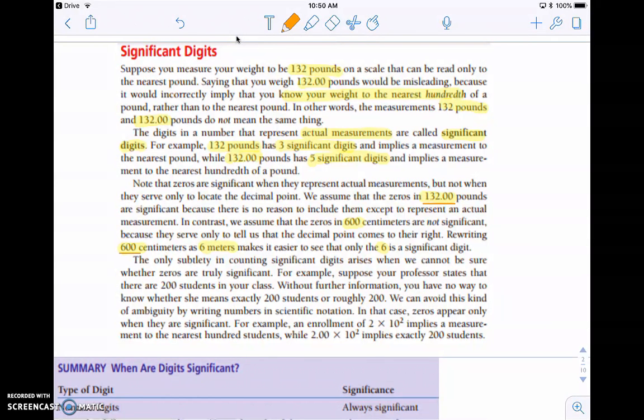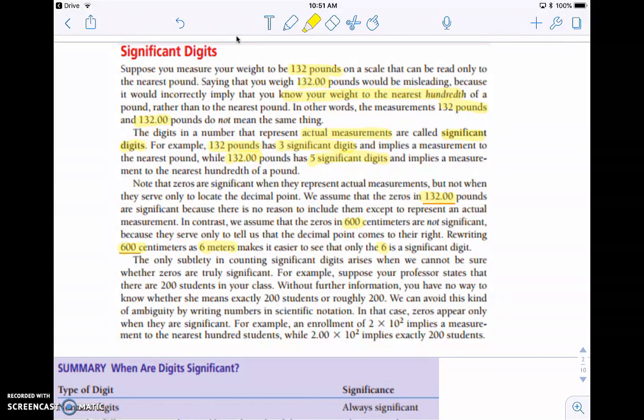So there are definitely subtleties in counting significant digits, and this can be a little bit tricky as we're trying to determine whether a zero is significant or not.